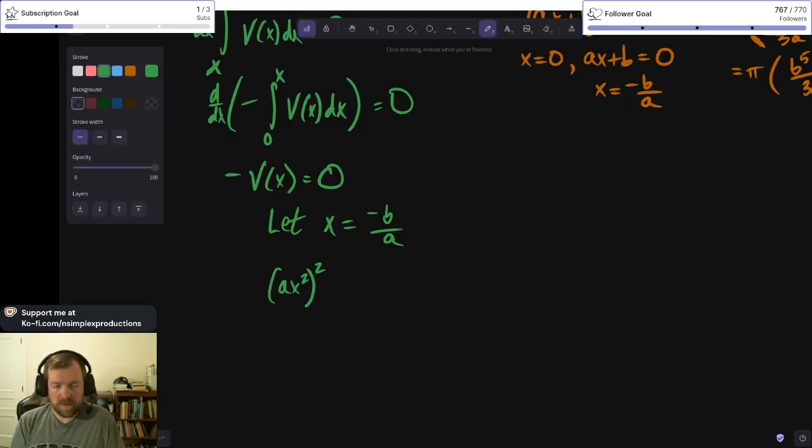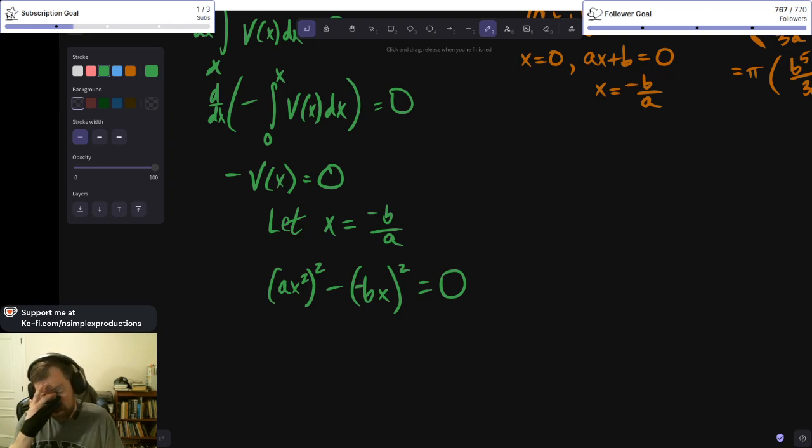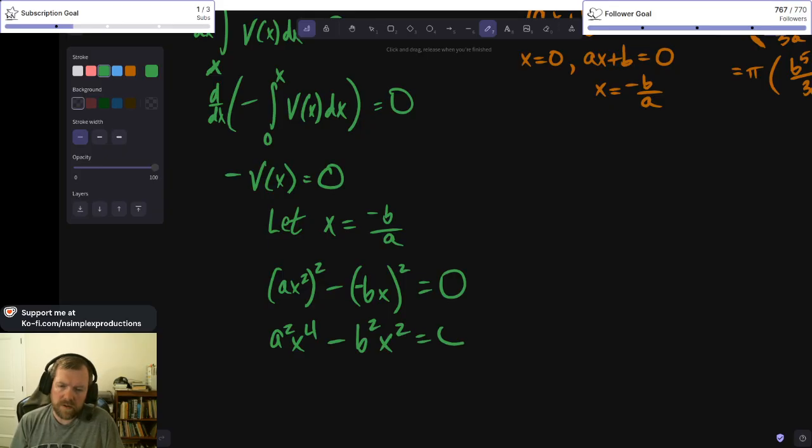x squared, squared minus negative bx, parentheses squared, is equal to 0 either way, right? Squaring stuff, moving to opposite sides of the equation, can still end up with all the same stuff. So a squared x to the fourth minus b squared x squared.